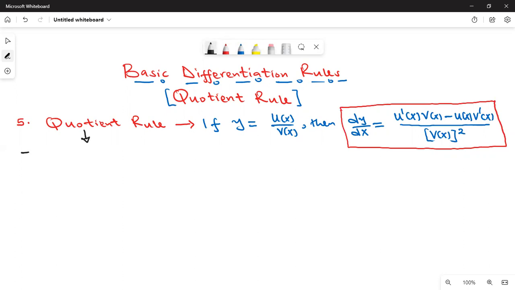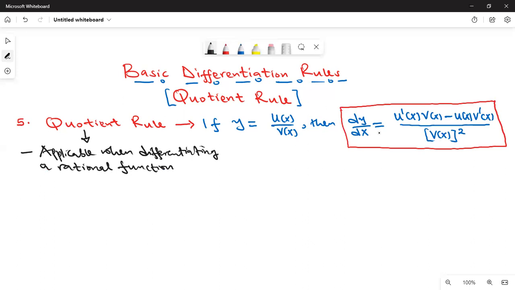So this rule is applicable when differentiating a quotient or a rational function, with the numerator and denominator being functions of x, where x is the independent variable.